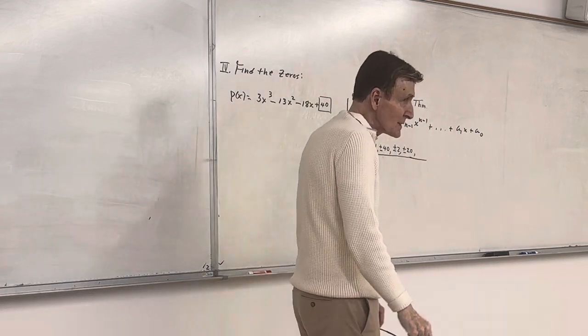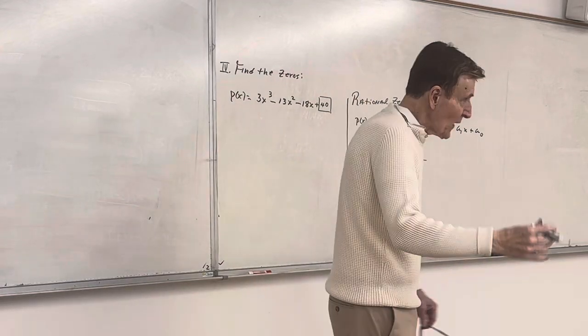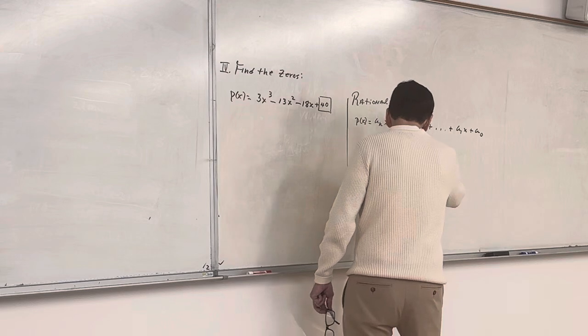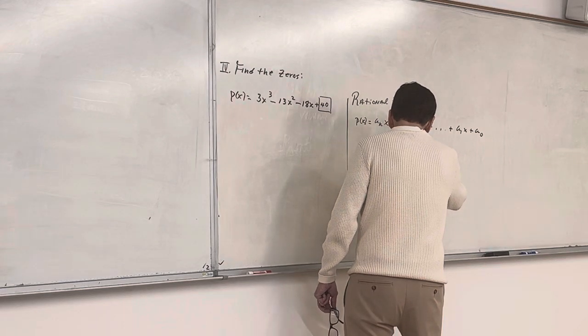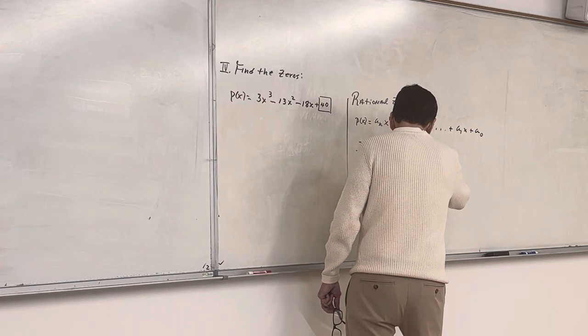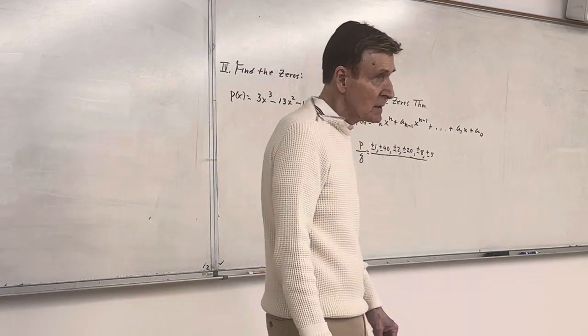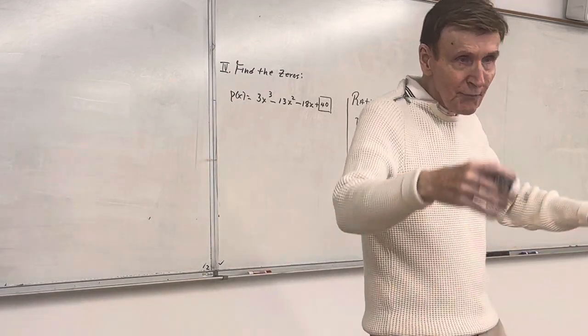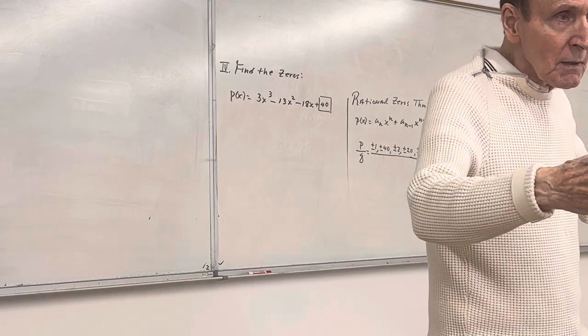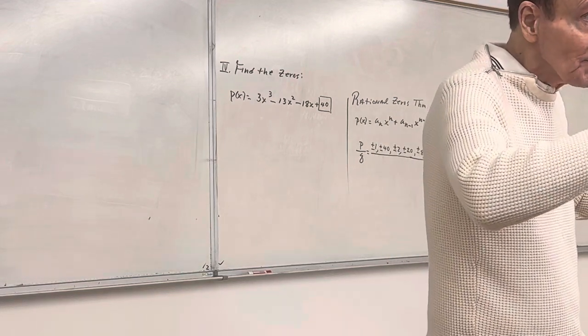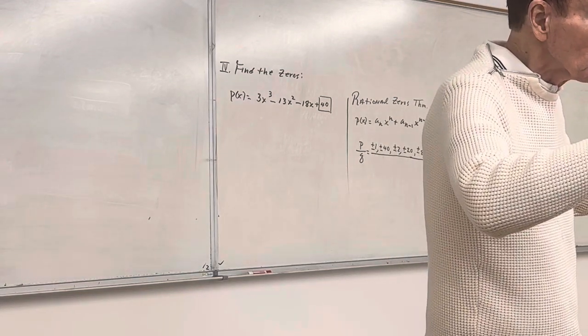Am I leaving anything out? 8 and 5. Plus and minus 8, plus minus 5. At this point, is that it? Are those the only factors of 40 you can think of? Now, consider the plus and the minus. Are we okay? Or is there something else out there?